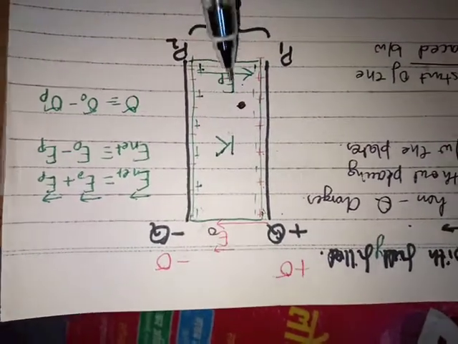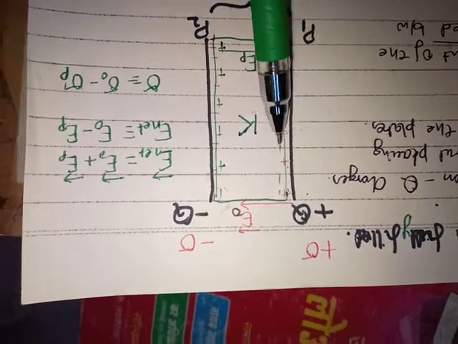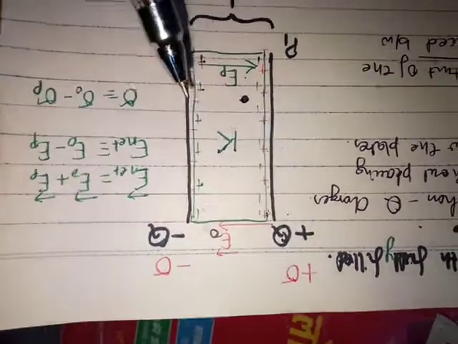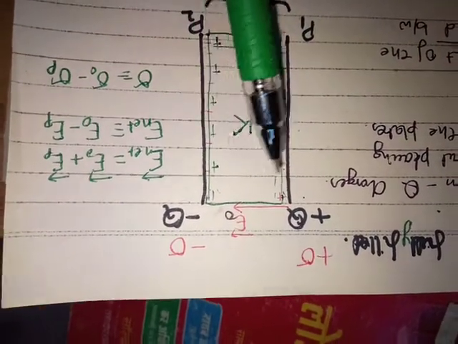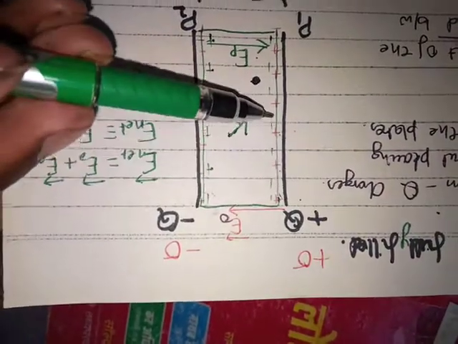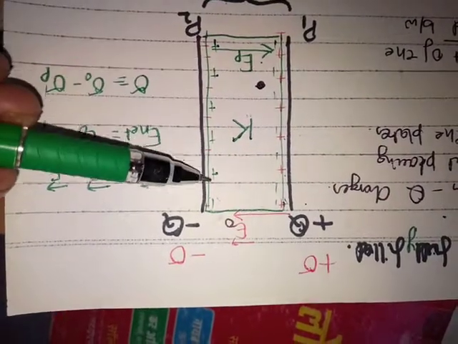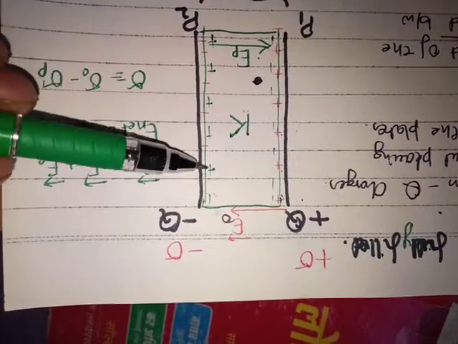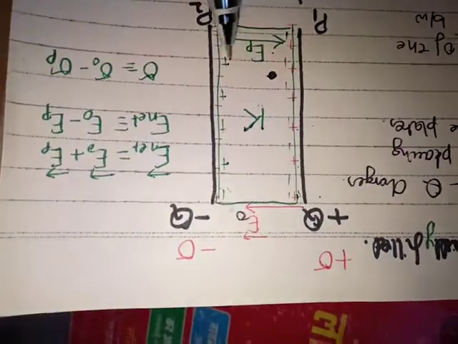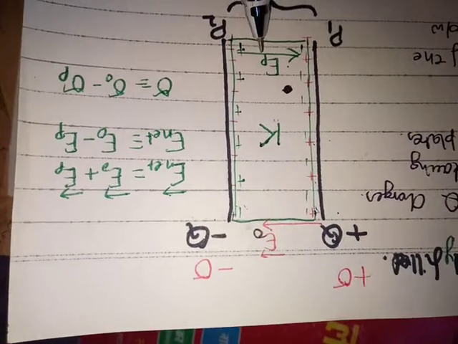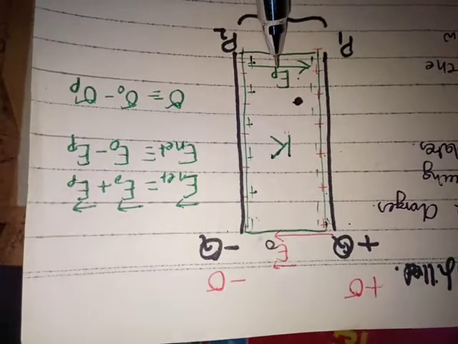If I place a dielectric material between these two plates, the dielectric material will get polarized. That means on this surface of the dielectric material a negative charge cloud appears, and on this surface a positive charge cloud appears. So another electric field is produced inside this dielectric material, which is EP.